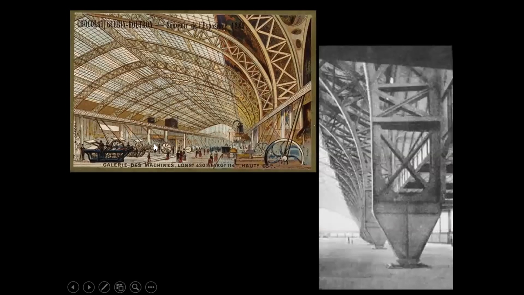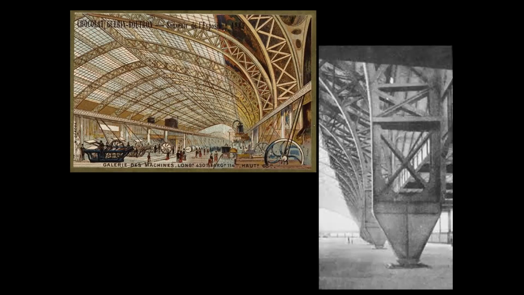And here is an example of a famous pitched portal frame, the Gallery of Machines in Paris, built out of an early cast iron structure. And it's absolutely massive. I forget the span, but I think it might be close to 100 meters in span, actually.